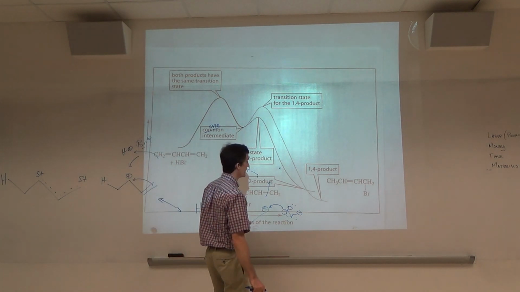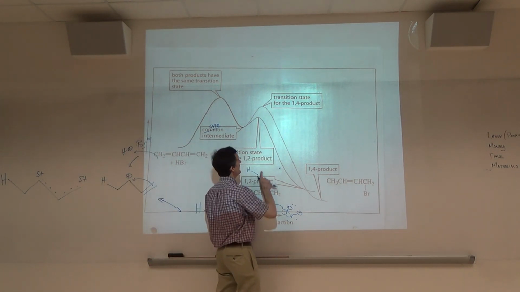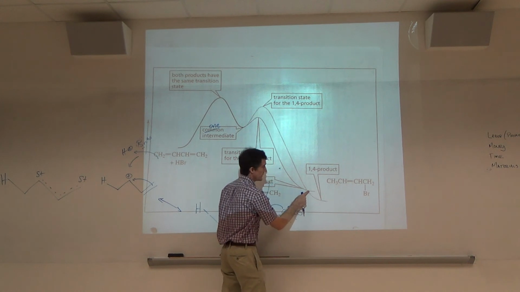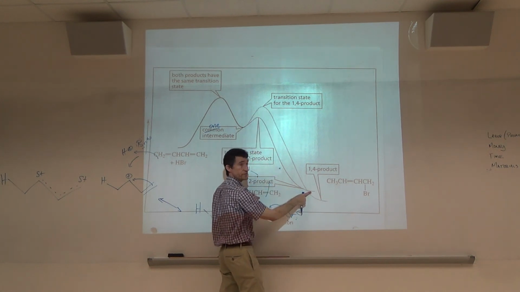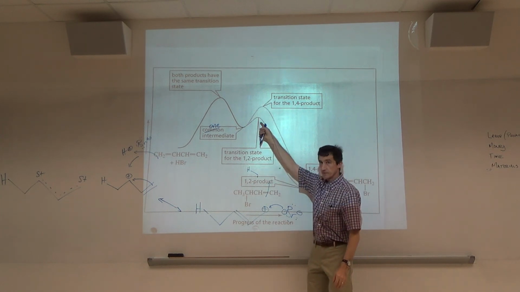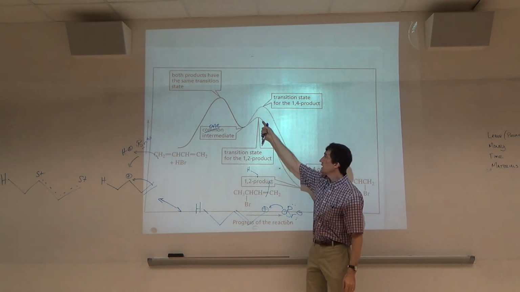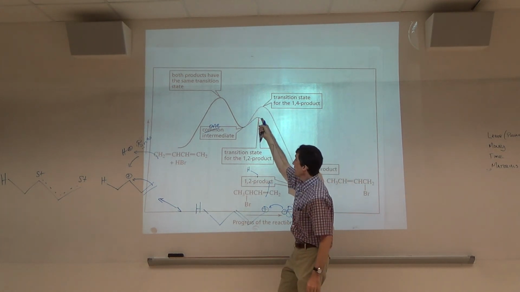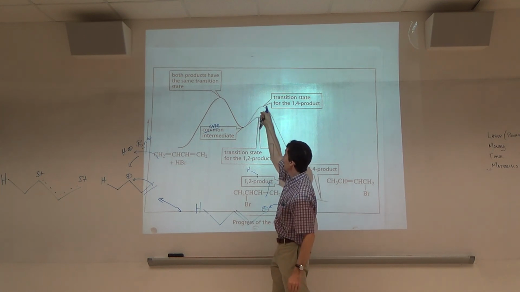Take the 1,2. Basically, with heat, you go here. This is always the faster. But with heat, the reaction is reversible. We can go back uphill, and then we can drive it over that way.